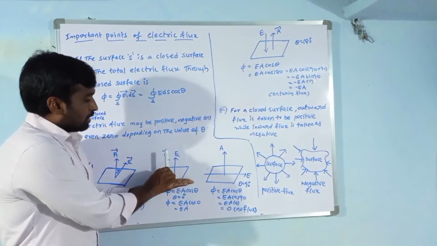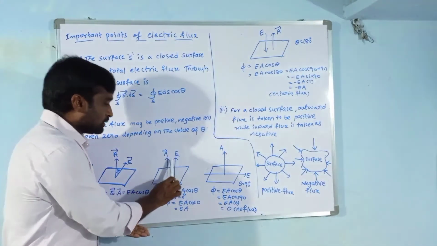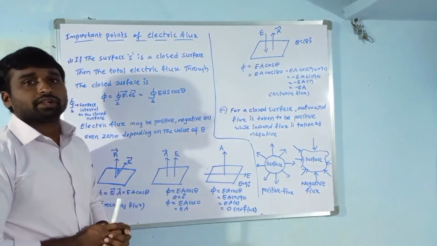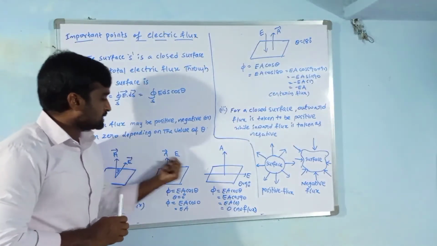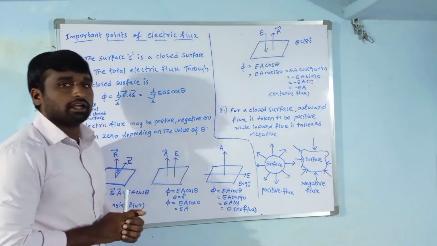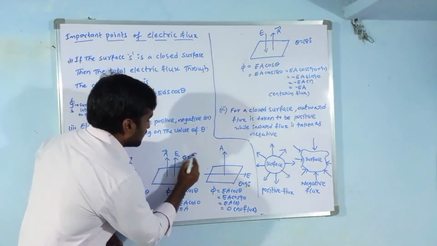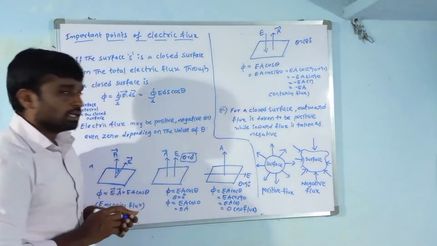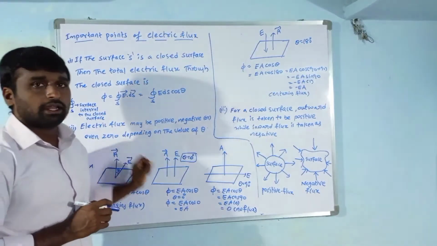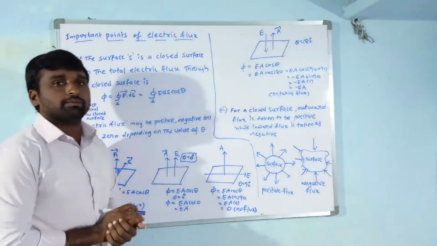In this case, the electric field is also in the direction of the area vector. Now what is the angle between the area vector and the electric field? That is 0.